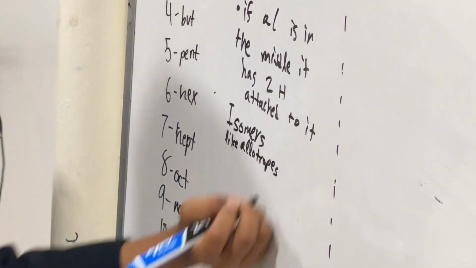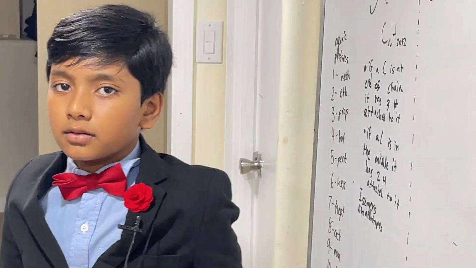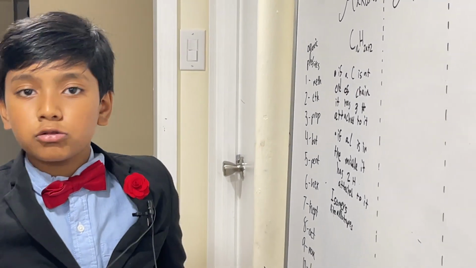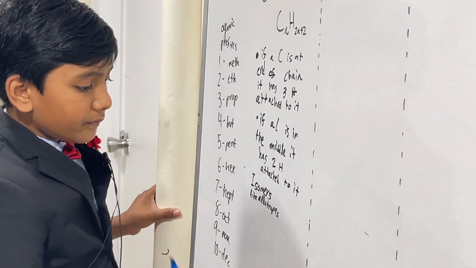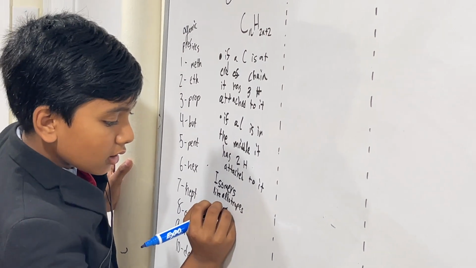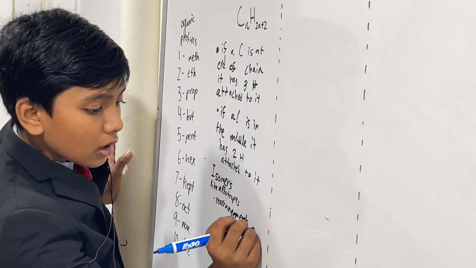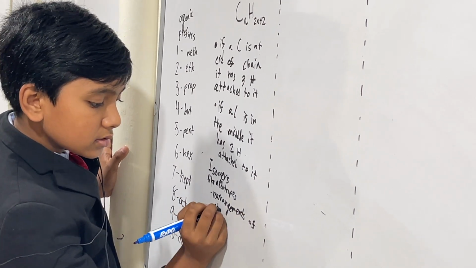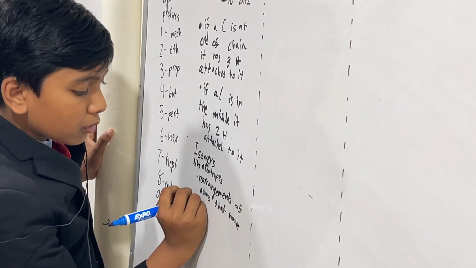Well, if you haven't, it's basically when you rearrange a molecule so it has different properties. So isomers are rearrangements of atoms that have different properties.